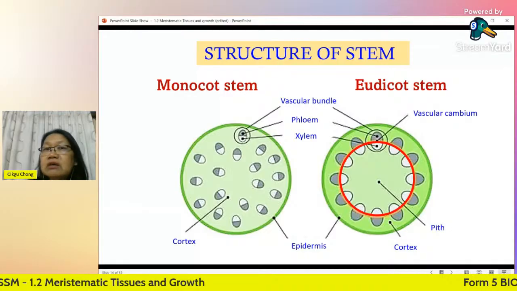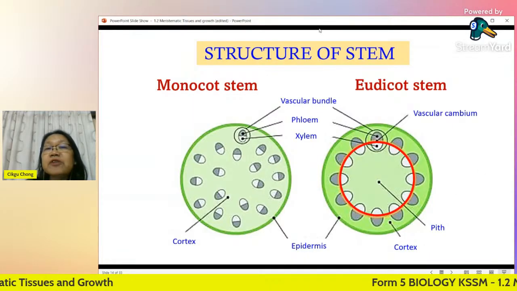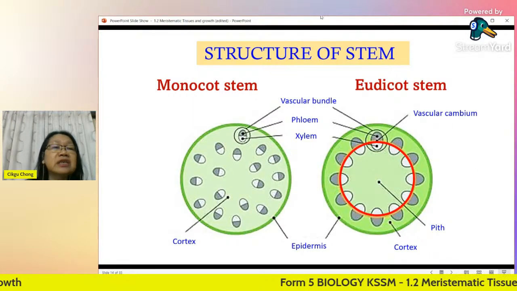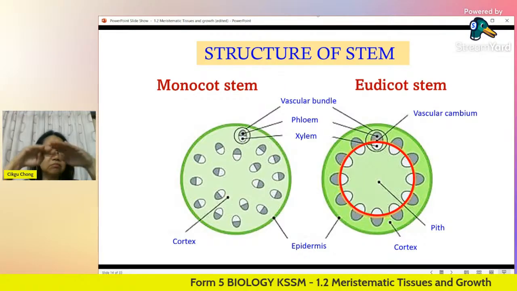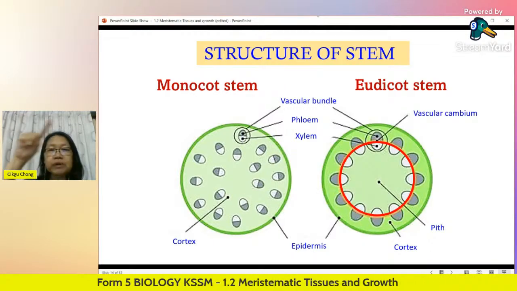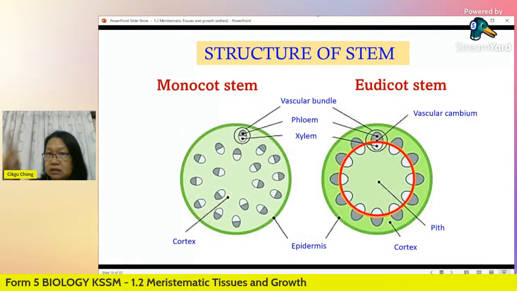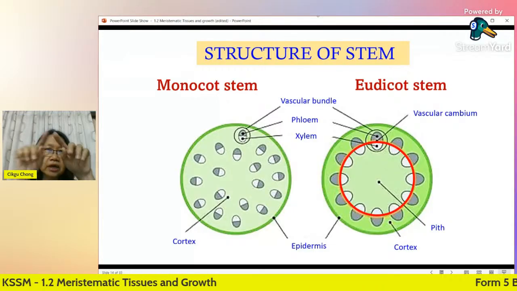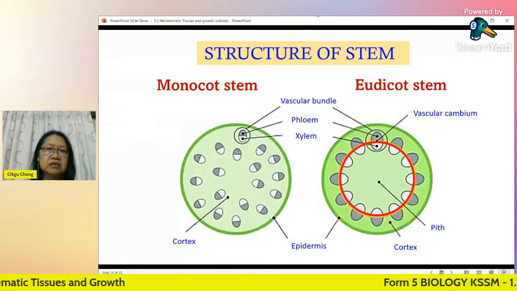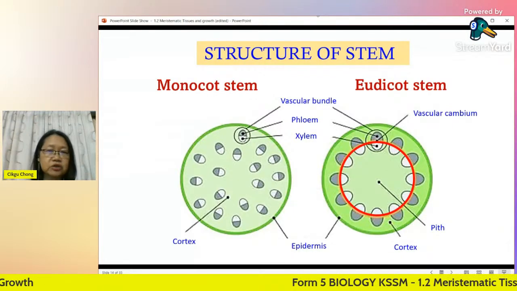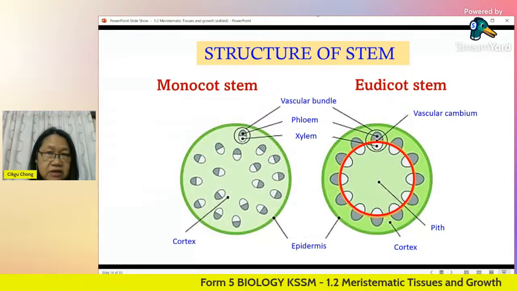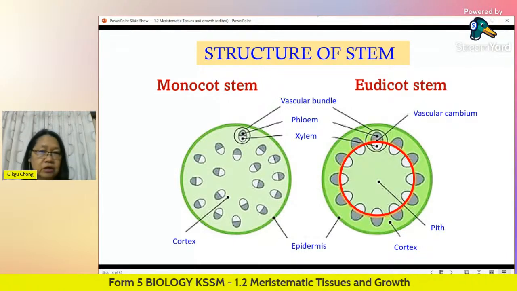But in eudicot stem, you will see that they are very neatly arranged in a circle, in a circular manner, circular pattern. All right, so that tells you this is eudicot.